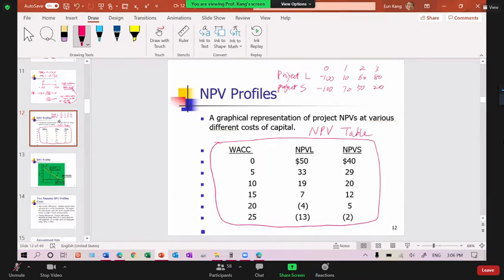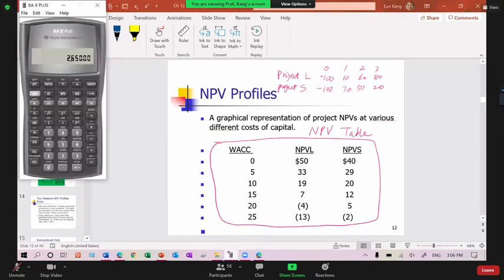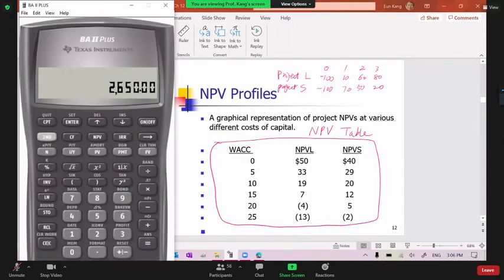Then how to set up the table is like this. First use cash flow. Second, clear work. And see, C0 is negative 100, right? And let's do it for L only, to save time.